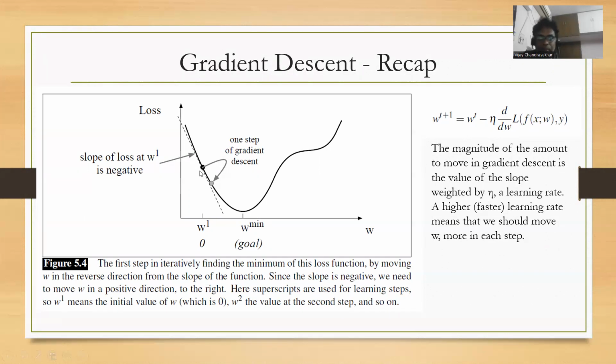Okay, if you look at this line, I'm trying to traverse, I want to get to this point. I'm at this point now. I apply this logic: the previous weight minus eta, which is the learning rate, multiplied by the derivative, correct? Of course, there's no partial derivative here because it's a simple example where there's just loss and one feature.